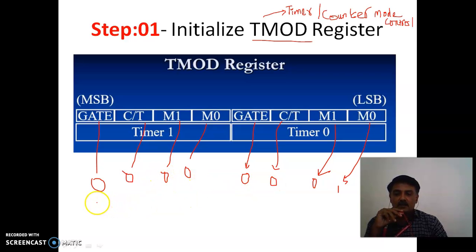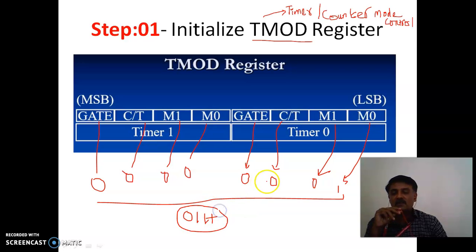When you calculate the hexadecimal value for these binary bits, it becomes 01H. So the TMOD register should be filled with the hexadecimal value 01. This is how we initialize the TMOD register, right?